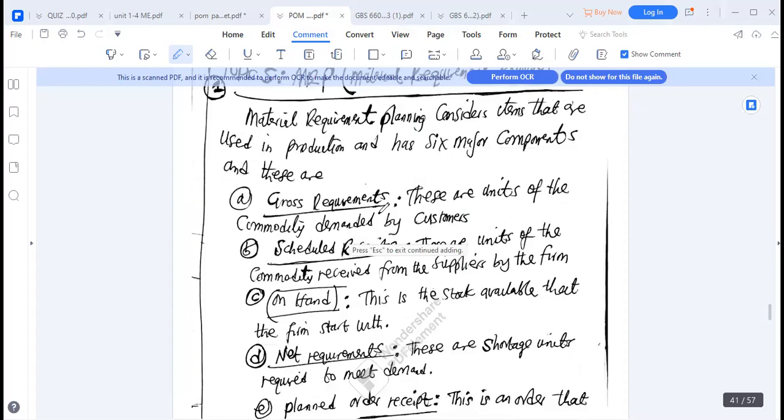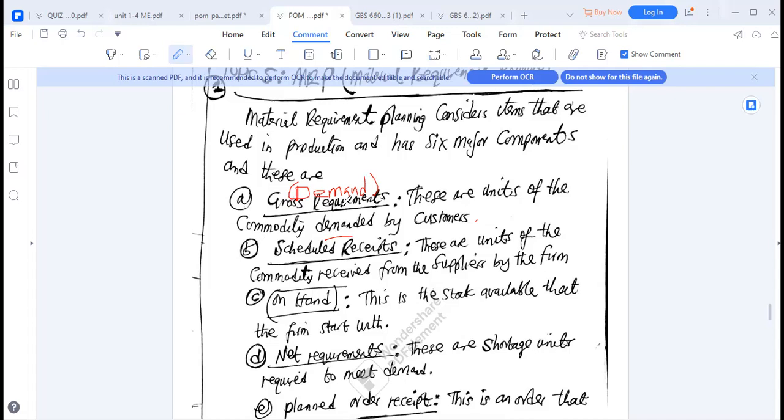So the gross requirements are the same as demand. These are units of the commodity that are demanded by customers.